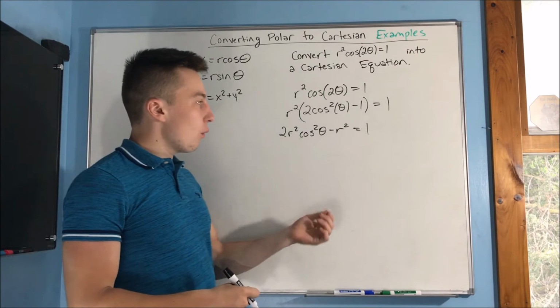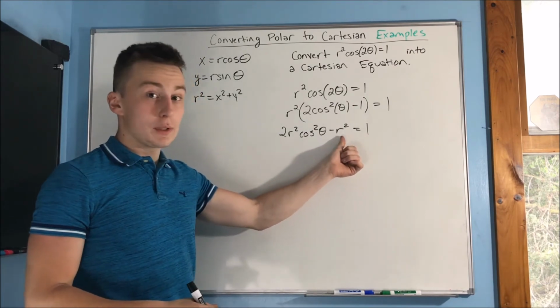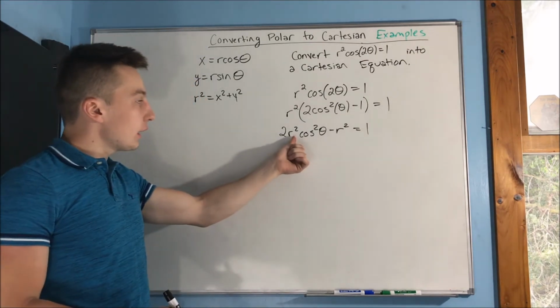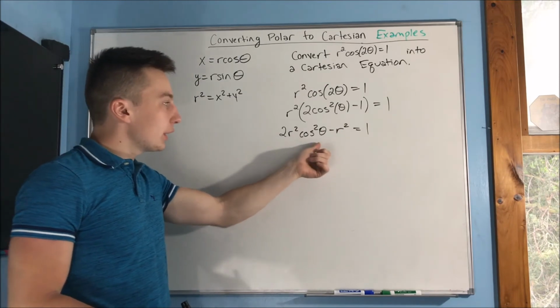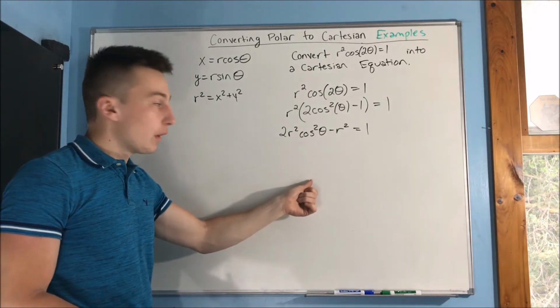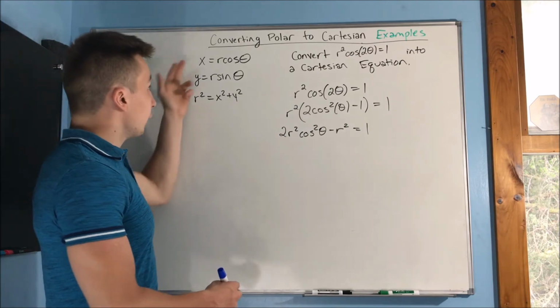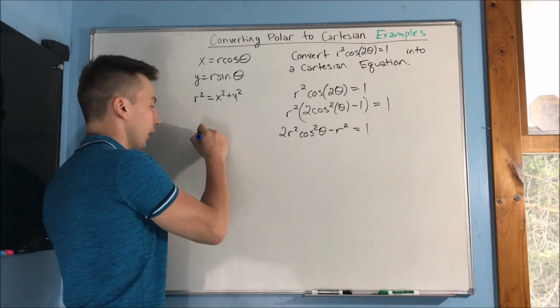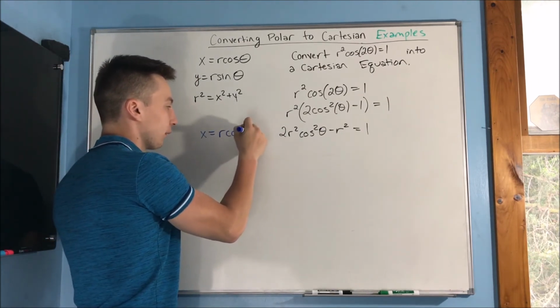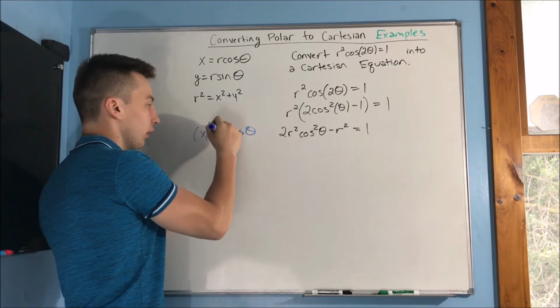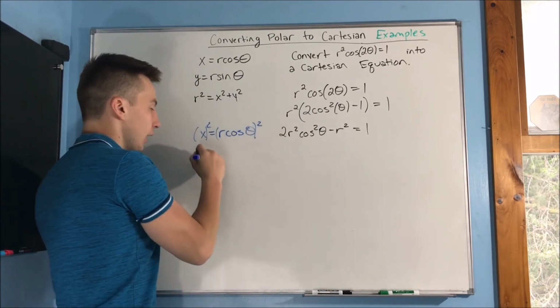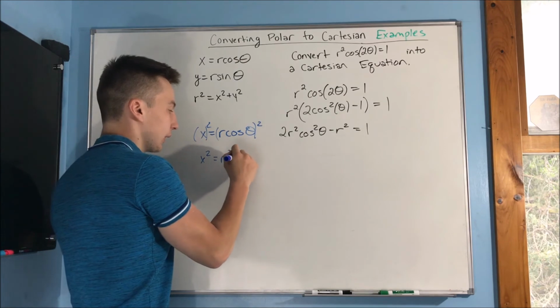And from here, well, we know this r squared is going to be x squared plus y squared, right? But if we made this an x squared plus y squared, then we just had this leftover cosine squared theta. So what we're going to have to do here is use this x equals r cosine theta, right? If we write this down and then square it, we end up with x squared equaling r squared cosine squared theta.